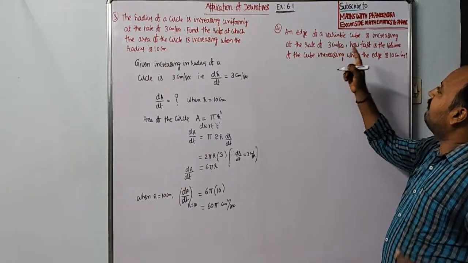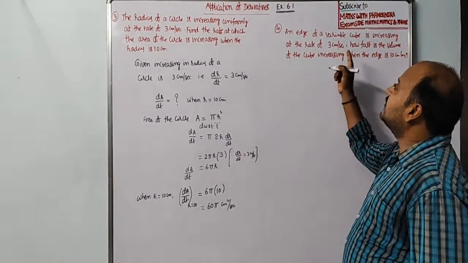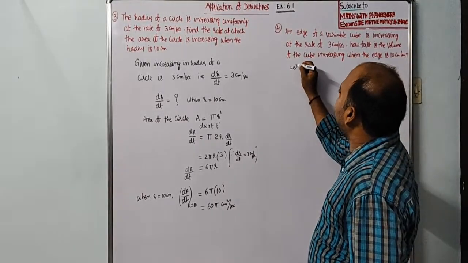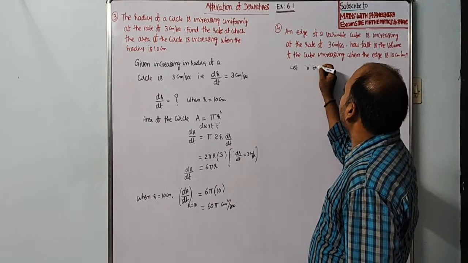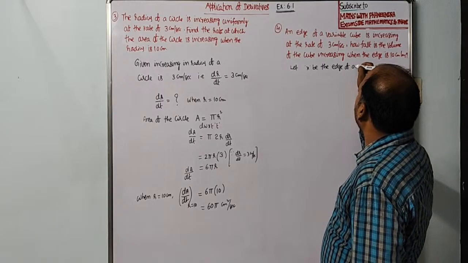An edge of a variable cube is increasing at the rate of 3 centimeter per second. So let us consider, let x be the edge of a cube.